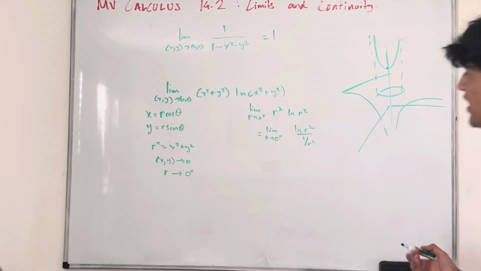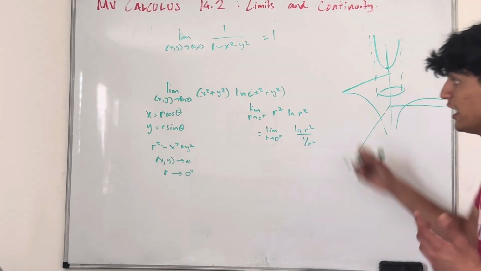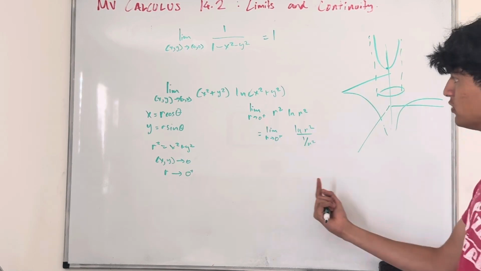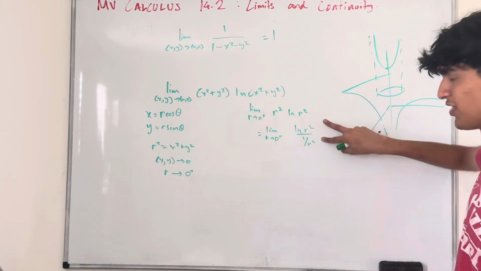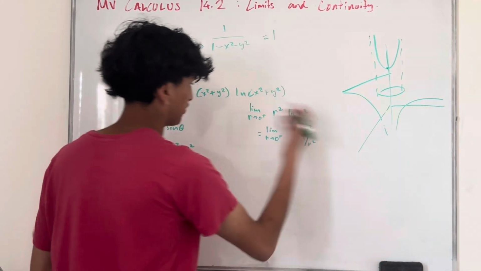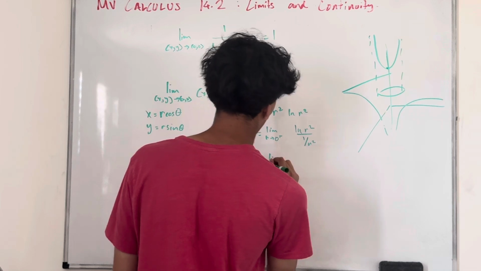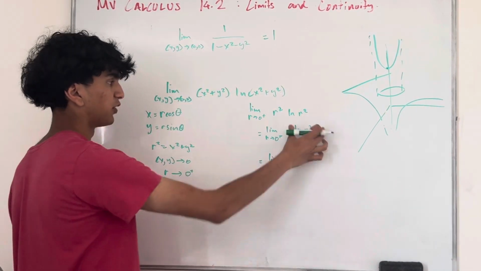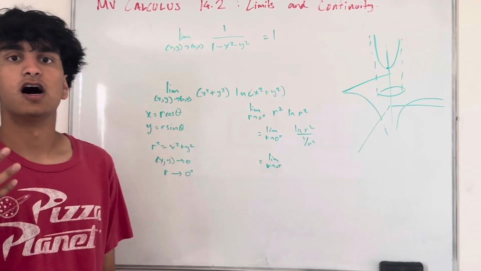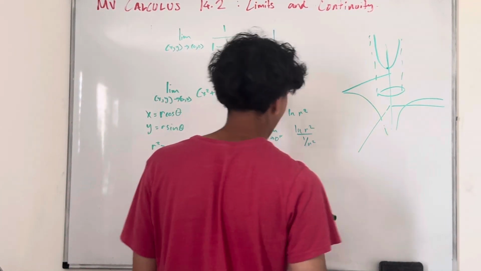I'm dividing by 1 over r squared, which doesn't change the expression, because when I divide by 1 over r squared, I'm multiplying by the reciprocal, and the reciprocal is r squared. So it's the same expression, but now I can do L'Hopital's rule. On a math test, you would show that this approaches infinity, this approaches infinity, and L'Hopital's rule applies, but in this case, I'm just not going to do that.